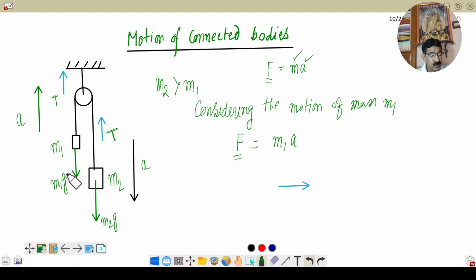There are two forces, one is M1G and another is T, and under action of these two forces, T and M1G, the body moves upwards. So T is considered to be greater than M1G. That means the net external force acting on this body is equal to T minus M1G.